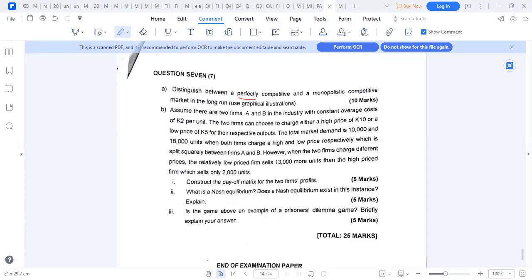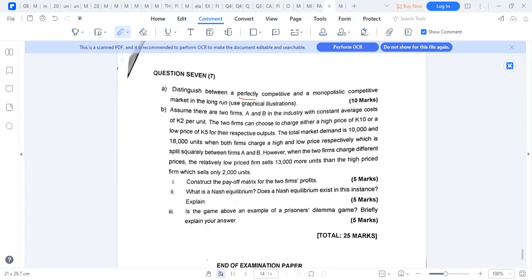The distinctions between a perfectly competitive market and a monopolistic market. When we look at perfect competition, we start with the pricing. These are price takers, whilst in the monopolistic, these people have market power.